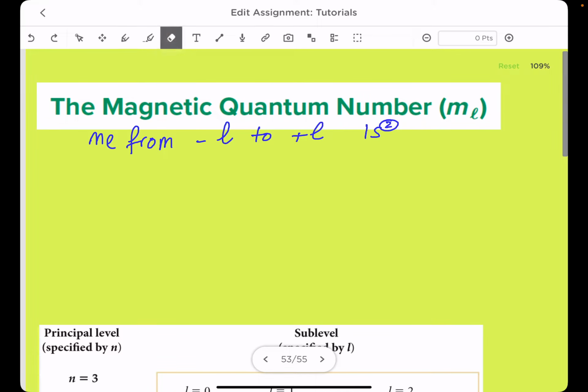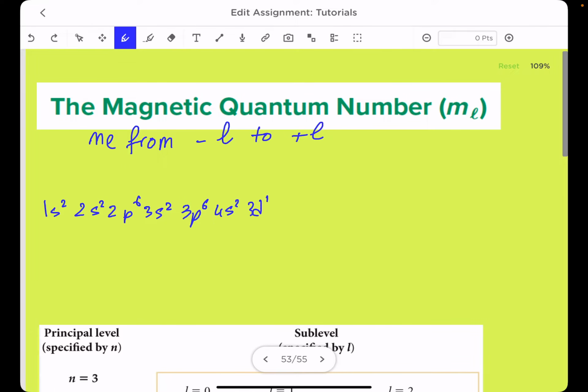So let me write it again: 1s2, 2s2, 2p6, 3s2, 3p6, 4s2, 3d10, and 4p4.